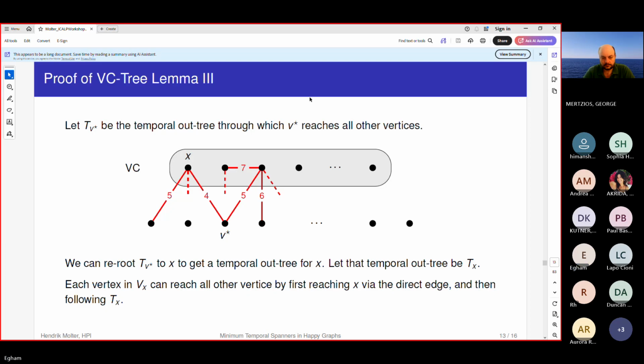So basically what we assume is that if I now look at the out-tree at V star, that it doesn't reach the other vertices that are in Vx through X. Because theoretically, if that edge here had two different labels, although even then, I think the statement should still hold.